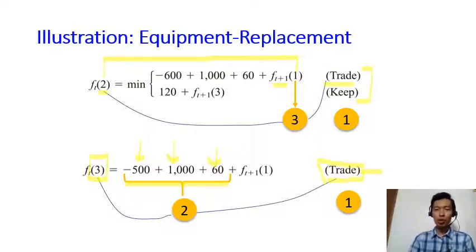So you trade your 3-year-old machine, buy a new one, so then next year the age of your machine is already 1 year old. Okay, so aspect 1 is the allowable decision, aspect 2 is the cost or revenue at stage t, and aspect 3 talks about what happens at stage t plus 1.